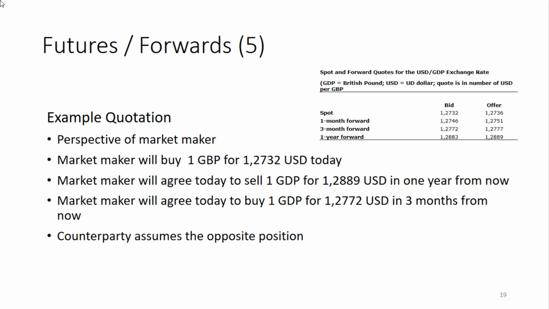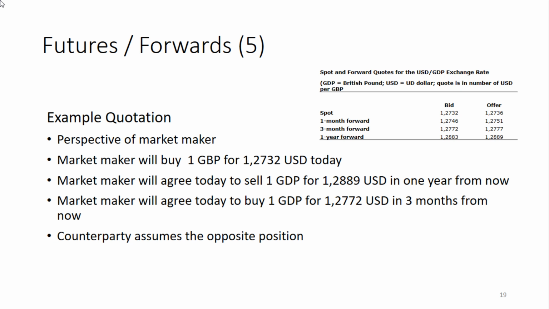The first column says what the moment is of the agreement. So it could be a spot rate, which means that we are looking to buy or sell today. The numbers that you see in this table are all from the perspective of a market maker. So the market maker will buy 1 British pound, for example, for $1.2732 today.